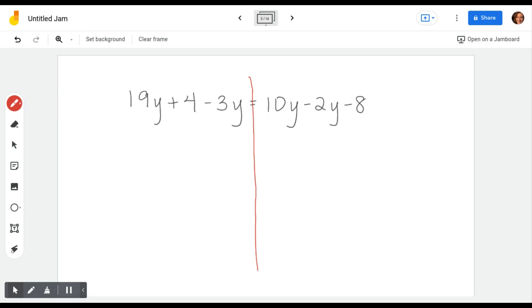So look, on the left, I have 19y and minus 3y. So really on the left side, I have 16y. And then I've still got that plus 4 hanging out. Bring my equal sign down. On the right side, these are on the same side. They're like terms, so I'm just going to simplify. I'm going to do the same operation that I see. I'm going to do 10y minus 2y and rename that 8y.